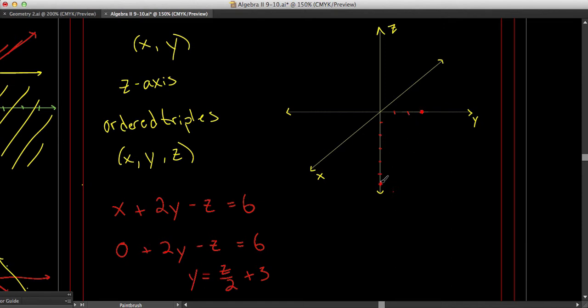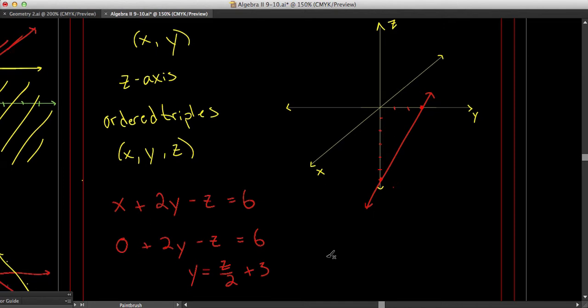So what I'm going to do is connect these with a line. And then we're going to move on to our next linear equation.